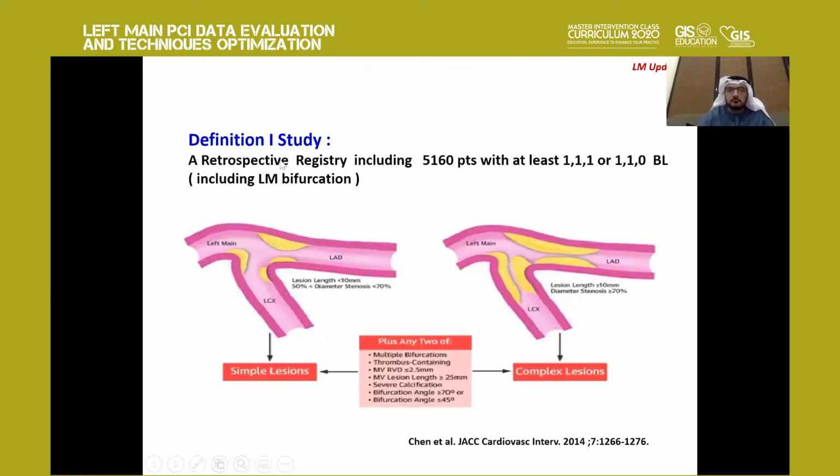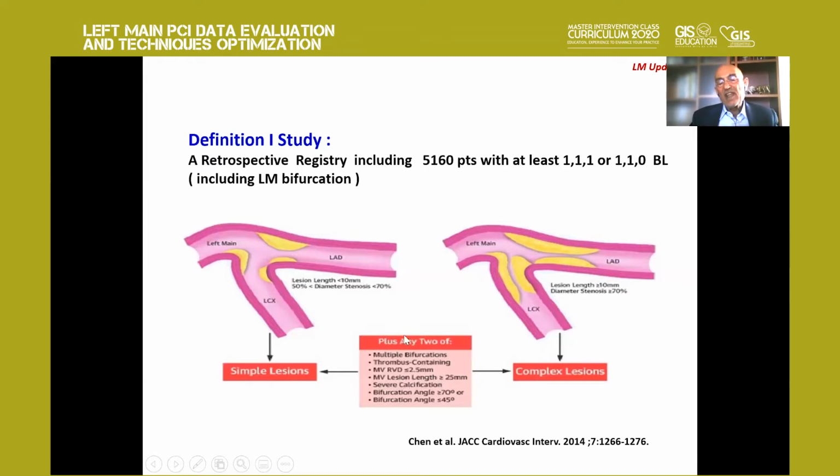This is coming also from the DEFINITION study, where complexity was defined with 2 major criteria, mainly the length of lesion on the side branch, and other minor criteria, which are multiple bifurcation, thrombus containing, main vessel diameter less than 2.5, that means small main vessel, lesion length on main vessel of 25 and so on.